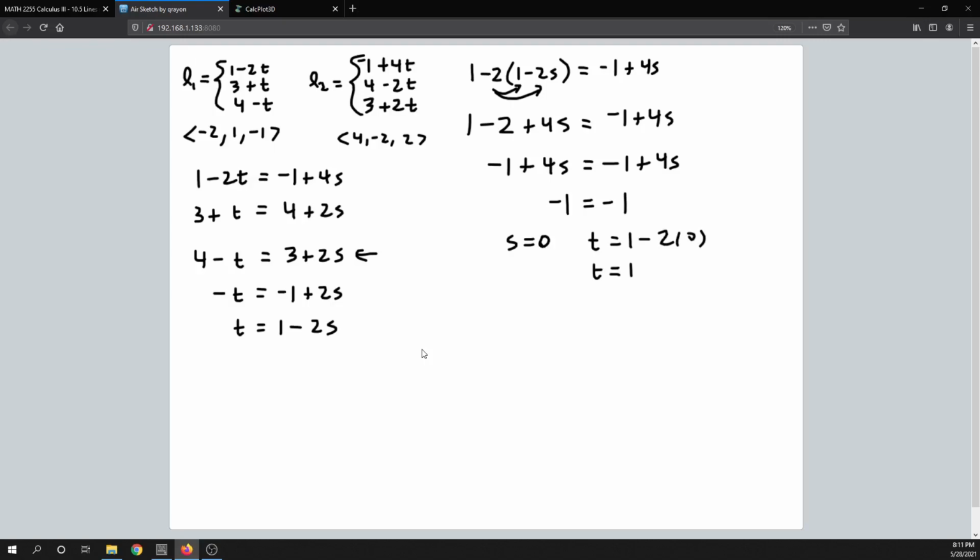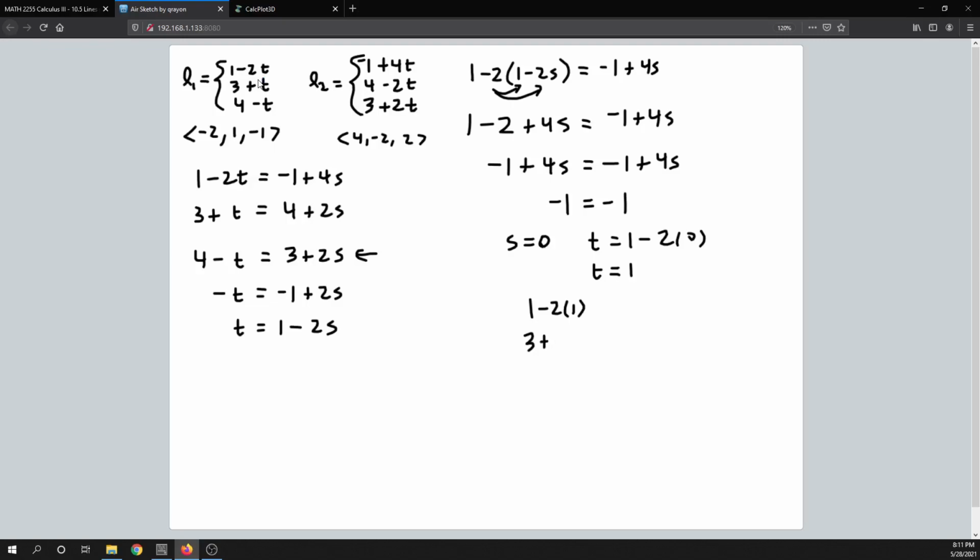All right, so that gives me a value for s and a value for t equals 1. So I'm going to go ahead and plug those values in and just check over here. So I have 1 minus 2 times 1. I'm going to plug this value for t equals 1 into L1 and see the point that I get.